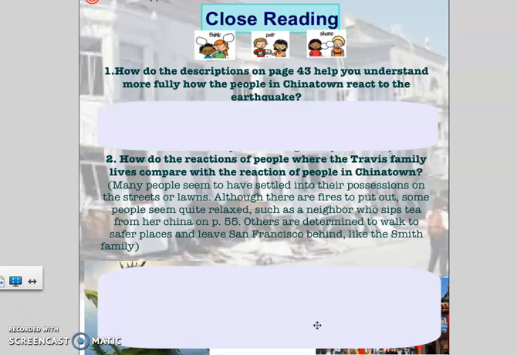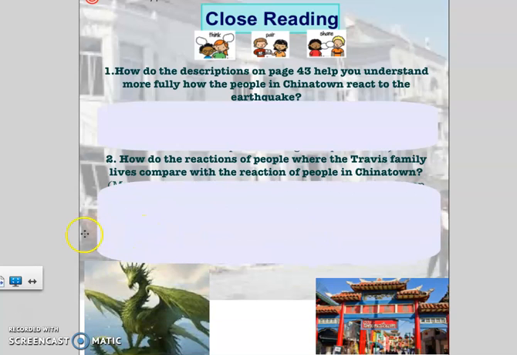Others are determined to walk safer places and leave San Francisco behind, like the Smith family. So we're seeing two very different reactions, two very different perspectives from two different communities.